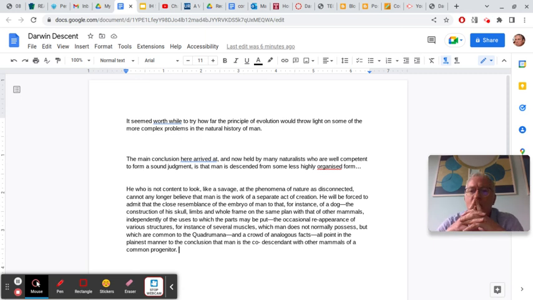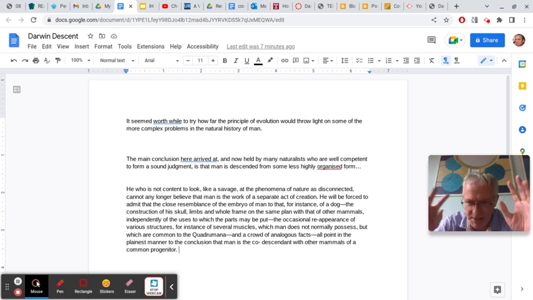I mean, this next excerpt is pretty amazing because what he basically seemed to be saying is that if you don't want to look at the world like a child, he calls it like a savage here, and all he means is somebody who has not had access to science and a rational view of nature. He says, who is not content to look like a savage at the phenomena of nature as disconnected.